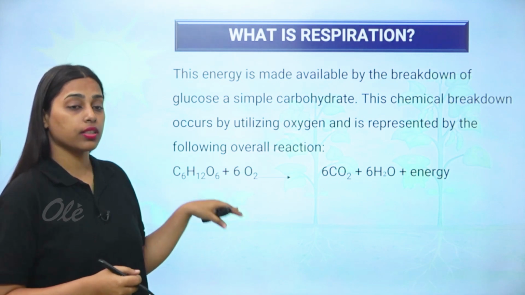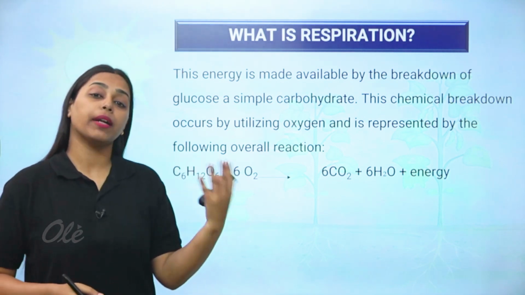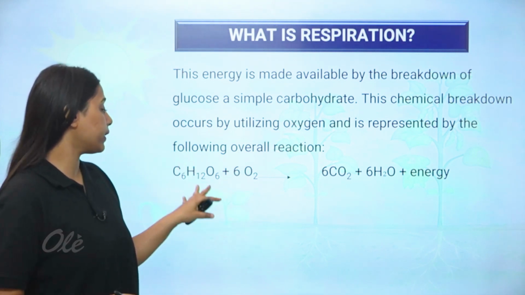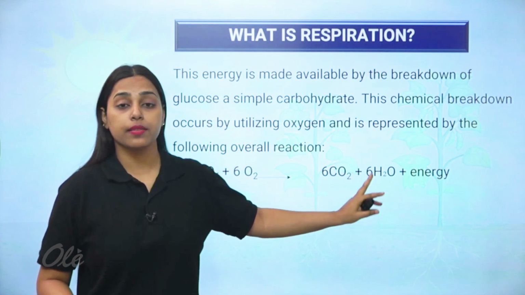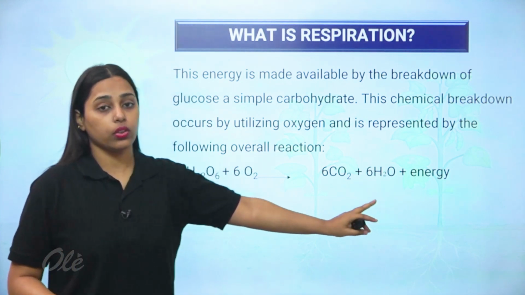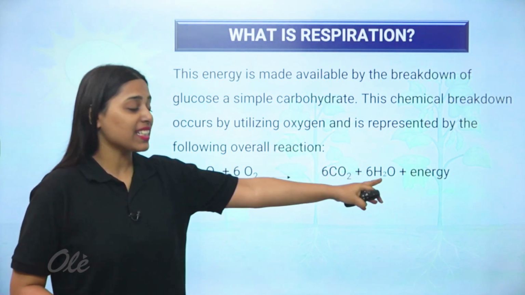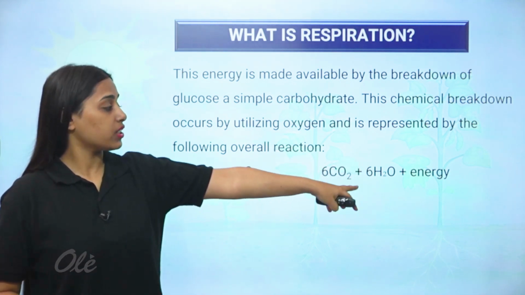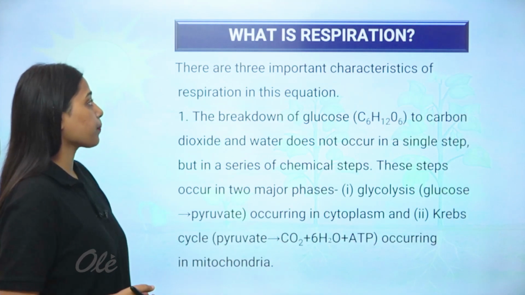When this oxygen reacts with these glucose molecules, it causes their metabolic oxidation, and then it releases its constituents as carbon dioxide and water vapors, and energy is also accompanied along with the formation of these products. This is the energy which is going to take part in several metabolic processes.